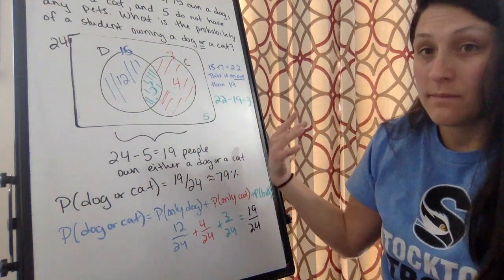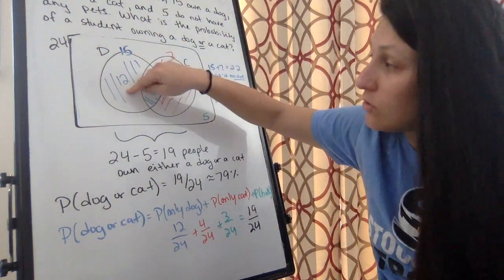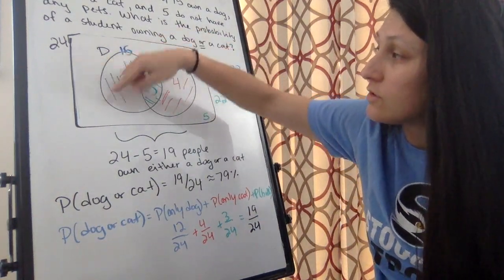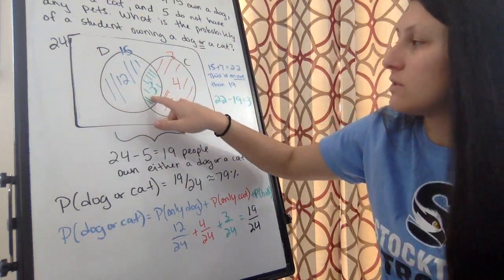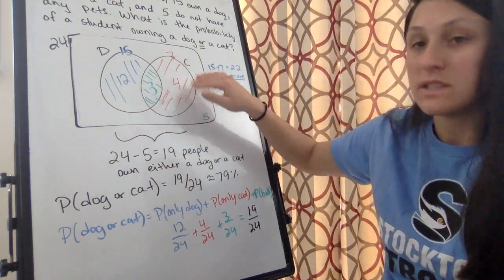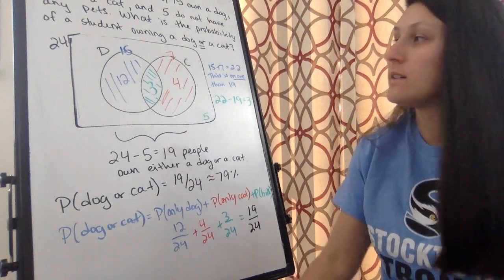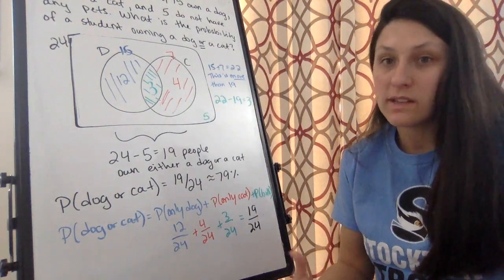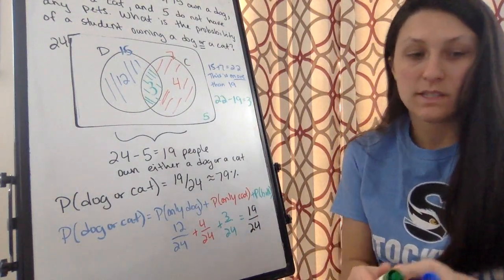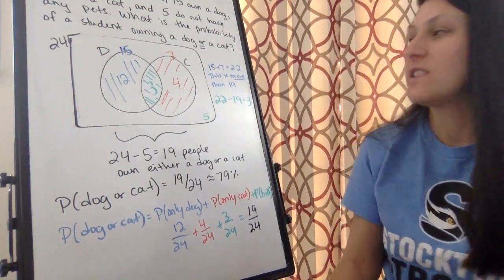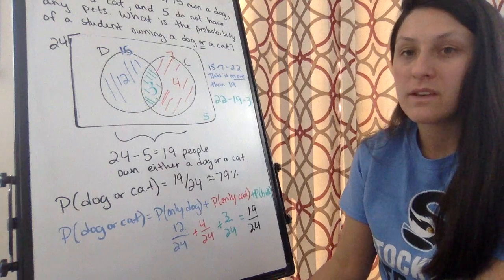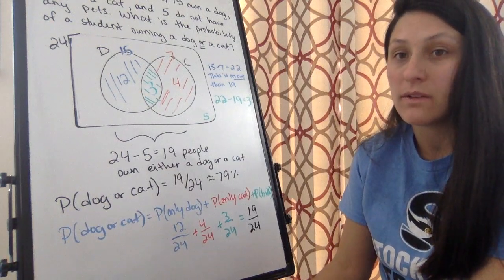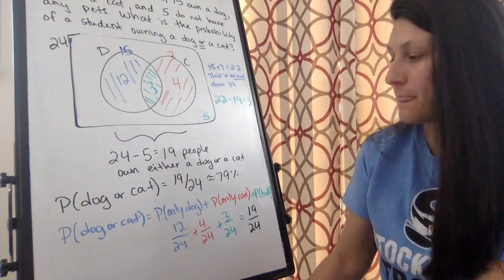That should be the same if you knew how many people were only in this part of the circle, not including the middle, plus the people in the middle, plus the people only in this part of the circle. There's one more way to do this problem, and I'm gonna show that to you. I'm gonna erase some of this and show you the formal mathematical way to think about disjunctions.